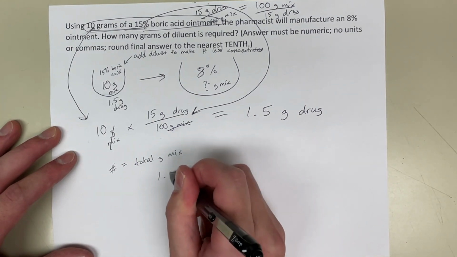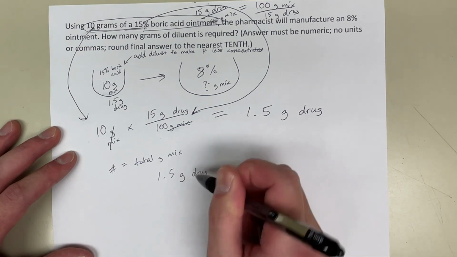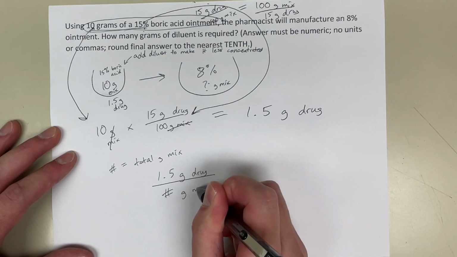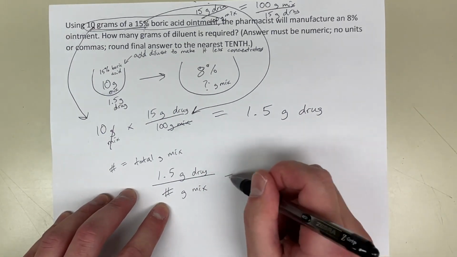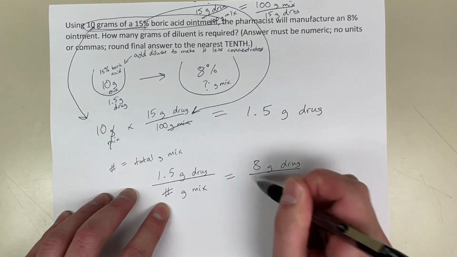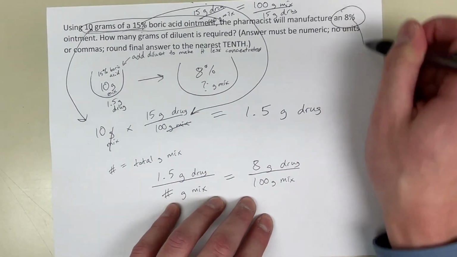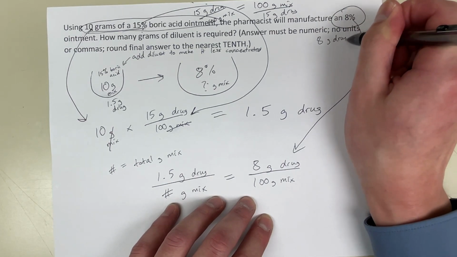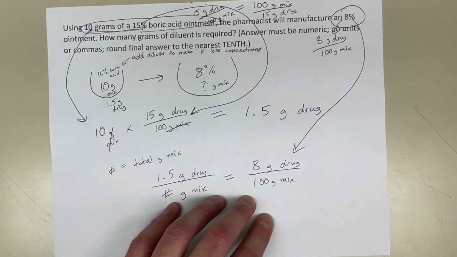In the equation I have 1.5 grams of drug over the grams of mixture, and I'm going to set that equal to 8 grams of drug over 100 grams of mixture. That's what 8% is here. 8% is also 8 grams of drug over 100 grams of mixture. That's what this 8% represents, right?